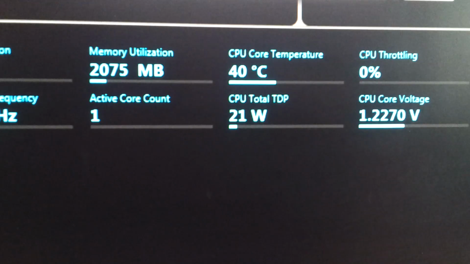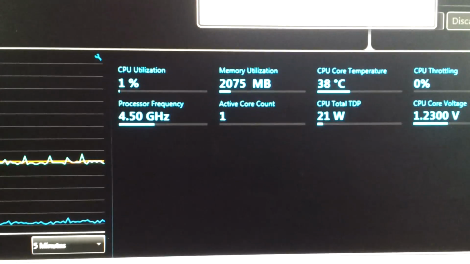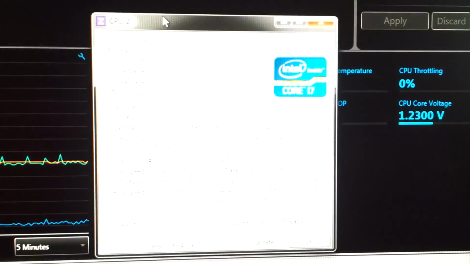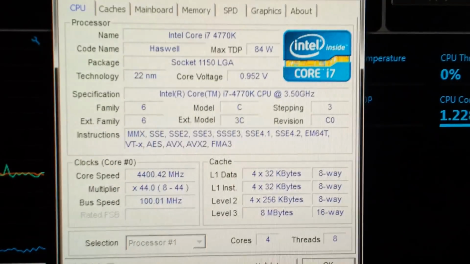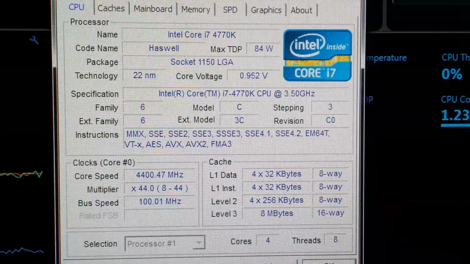Our core voltage mode is set to 1.23, so that gives you an idea of how it's running right now with nothing enabled. It's just sitting at 4.4 gigahertz. There's nothing happening with our power. CPU-Z does not report the right core voltage, so please disregard that.